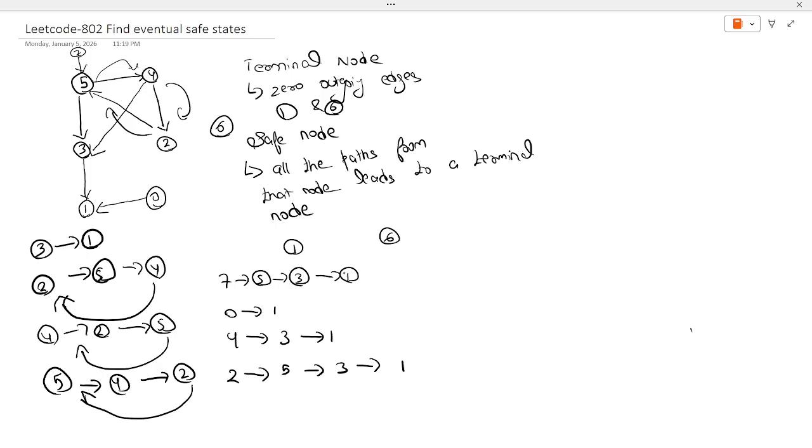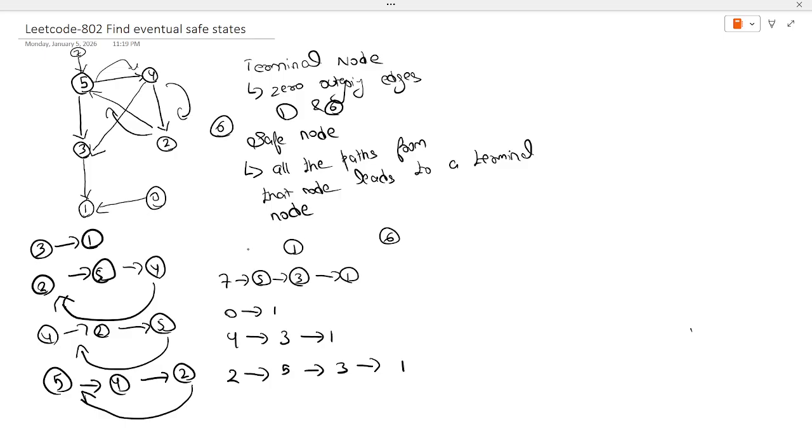So if I consider this path 7, 5, 3 and 1, if I backtrack from 1, as we have already understood that all the paths starting from node 3 lead to a terminal node, we can say 3 is a safe node and we can consider 3 in our answer vector.